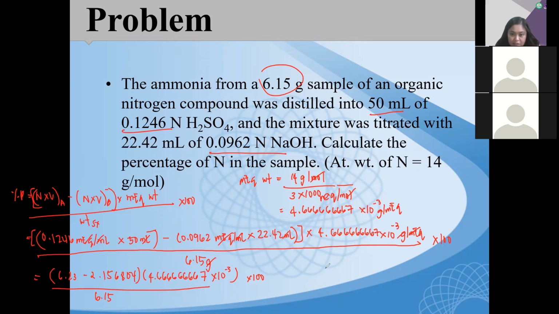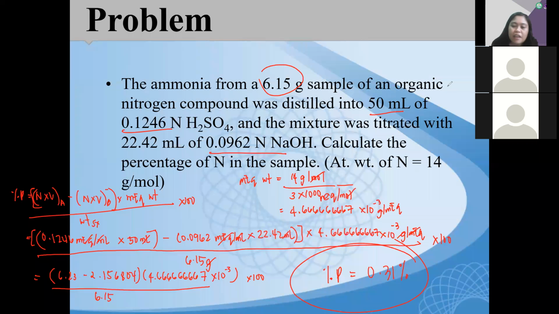The correct answer, the percent nitrogen in our sample, class, is just 0.31%. So there is only a little nitrogen in our sample. Again, 0.31.